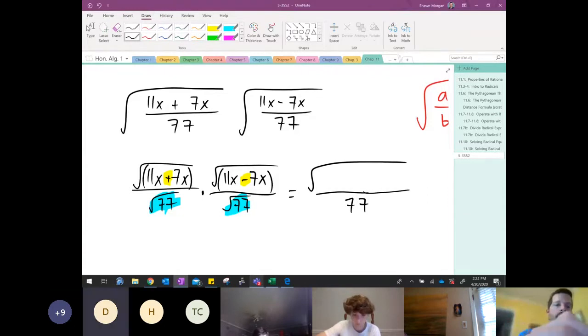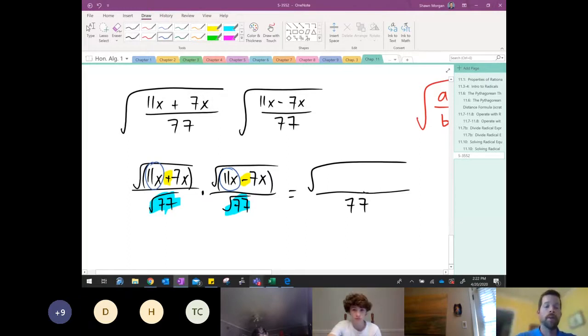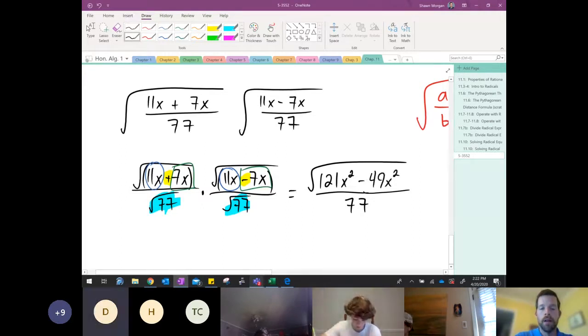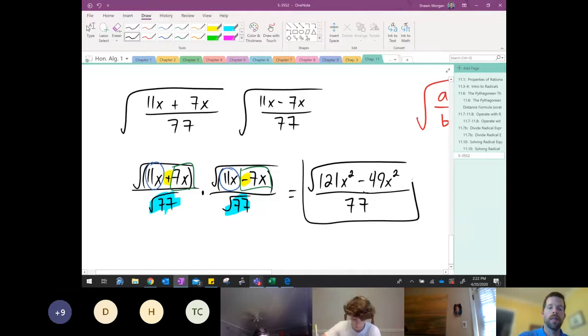So if I multiplied the first times the first, that's going to be 121x squared. And if I multiplied the last times the last, 7x and negative 7x, that's going to be minus 49x squared. And perhaps that will be good enough for me.